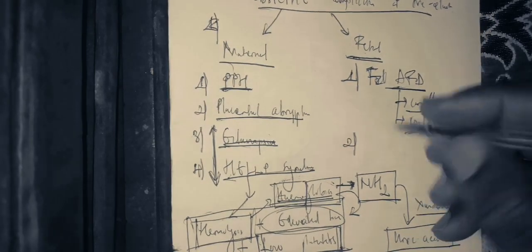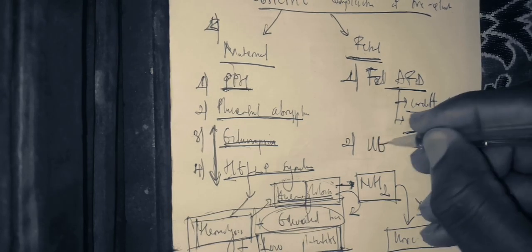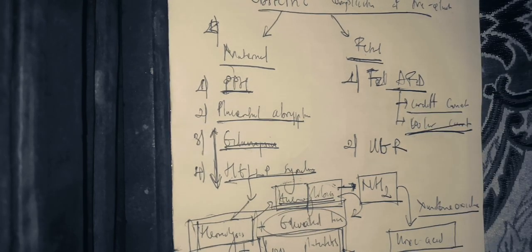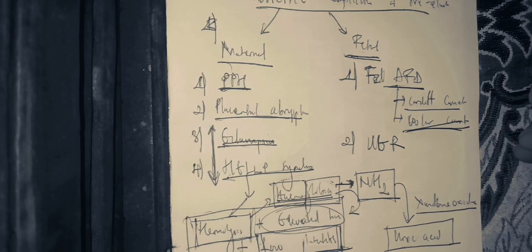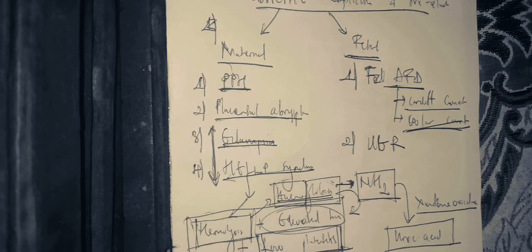Is it clear? Now the next thing, you can have an intrauterine growth restriction. Is it clear? In case of preeclampsia, you can have an intrauterine growth restriction as a fetal complication of preeclampsia. Is it clear?